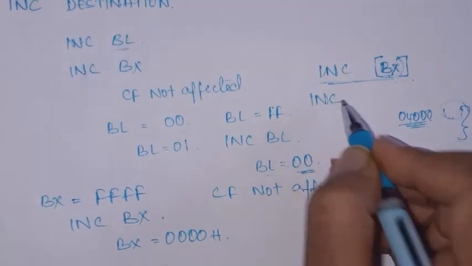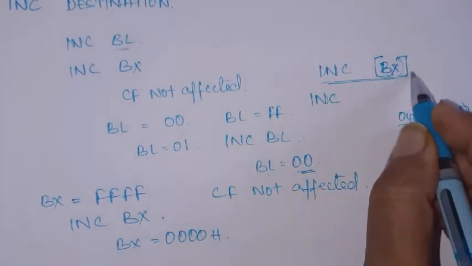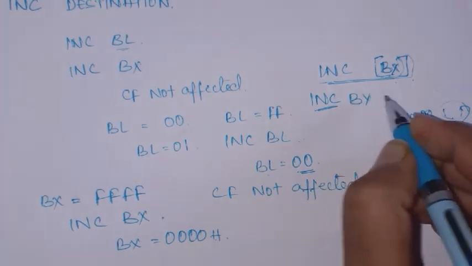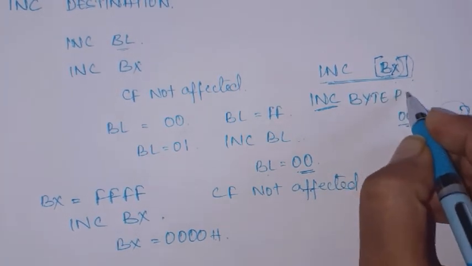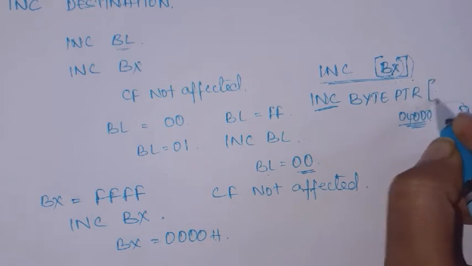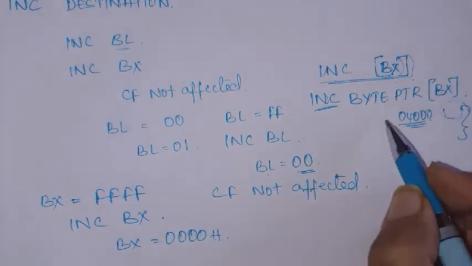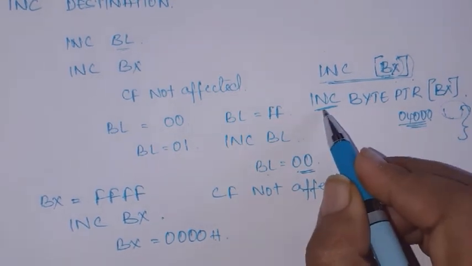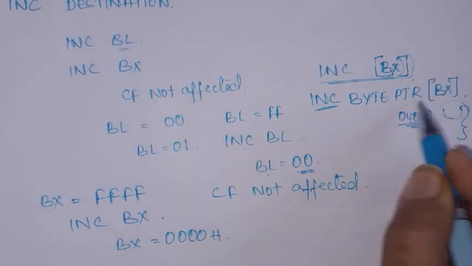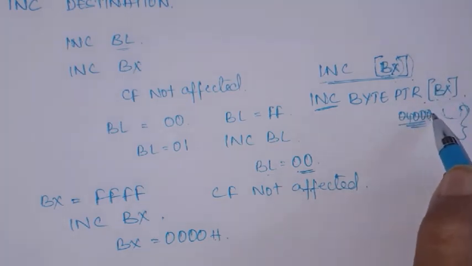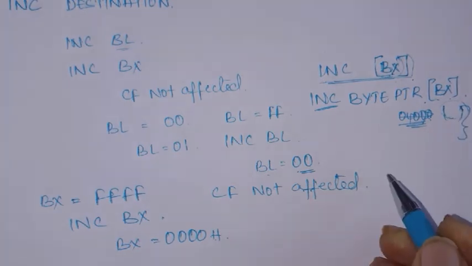I cannot say just increment like this. I should inform here whether it is a byte pointer or a word pointer. So if it is a byte pointer, I should specify increment byte pointer BX. That means BX is pointing to a byte in memory.